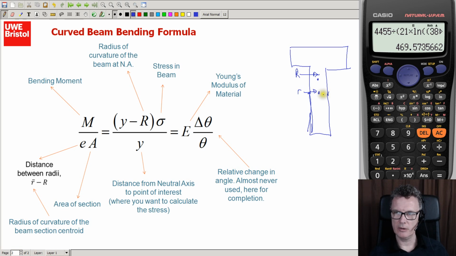Right, so that is going to be where we're looking for. And we're looking for, so we've got our big R, so I've got the right word. Yeah, big R. Big R is the neutral axis in effect. And we are going to be looking for the stress on the outer surface, which is where A is.